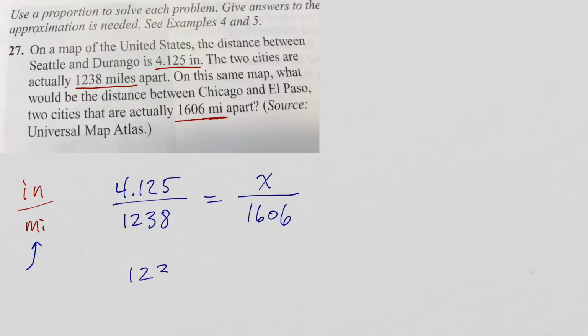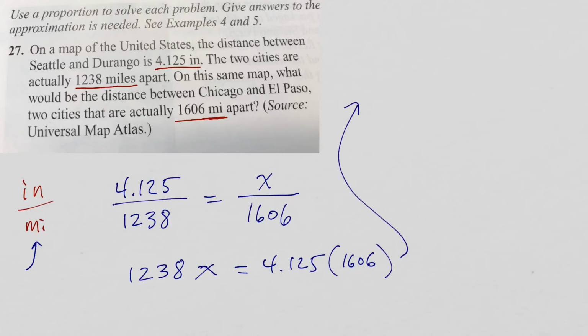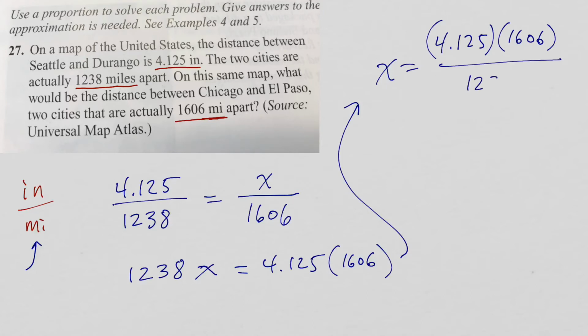So 1238x is equal to 4.125 times 1606. So x must be equal to 4.125 times 1606 divided by 1238. And I'm just going to use a calculator for this.